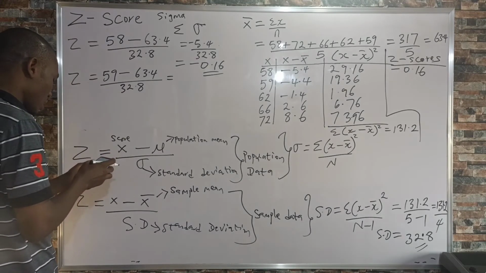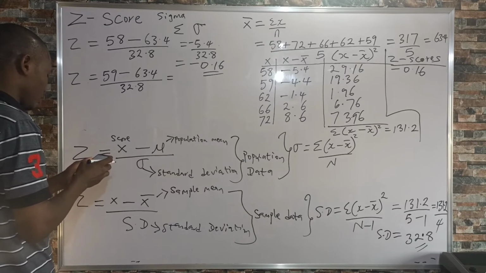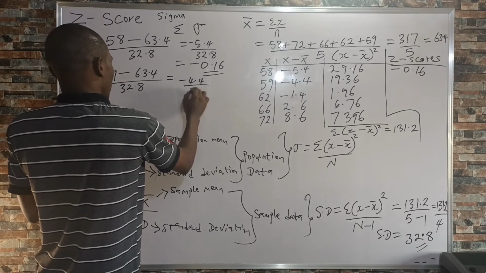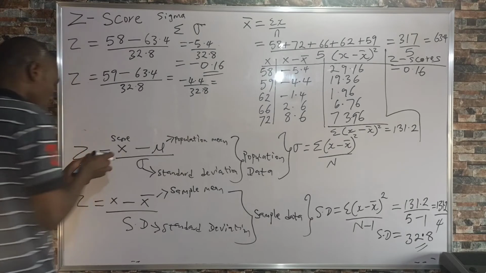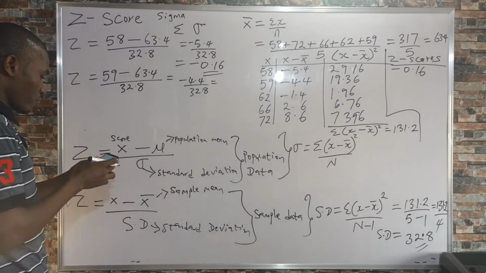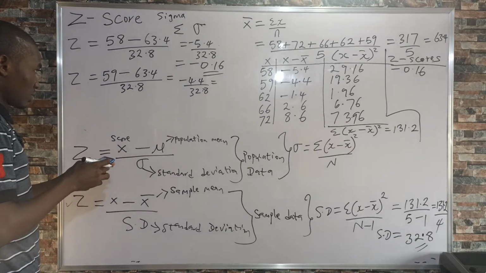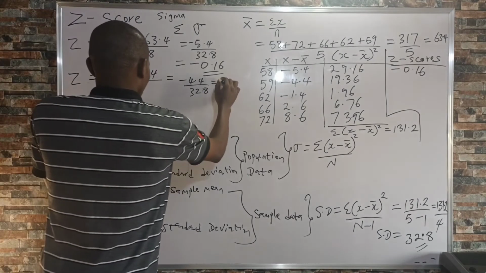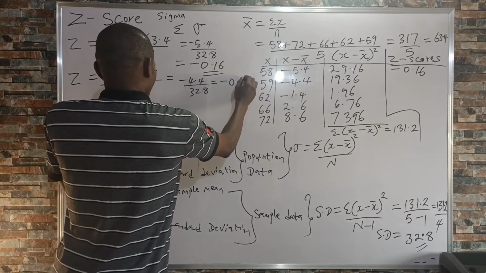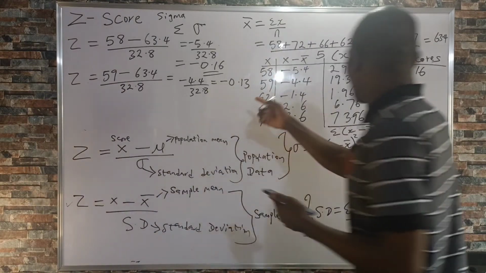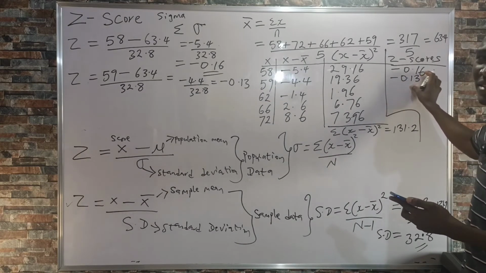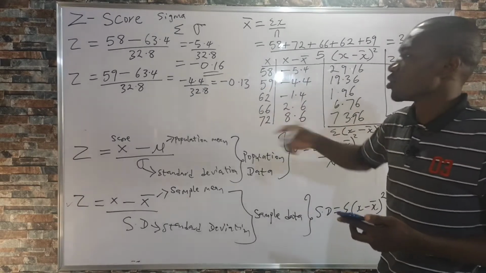We have 59 minus 63.4, that gives us negative 4.4, and that is all over 32.8. When we divide negative 4.4 by 32.8, we have negative 0.13, approximately to 2 decimal places. So here we have negative 0.13 as the standard z-score for the score 59.